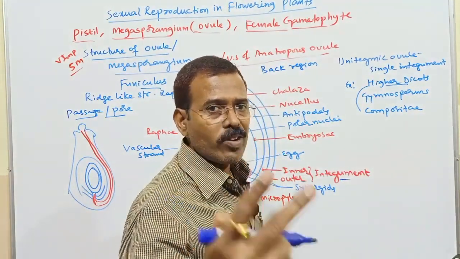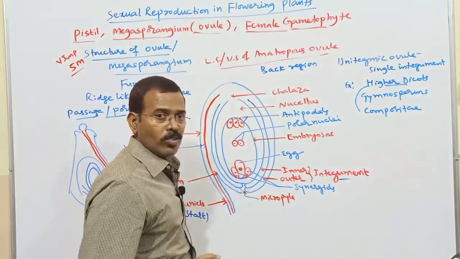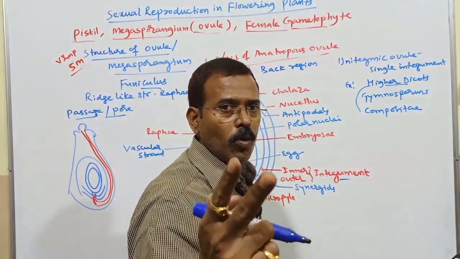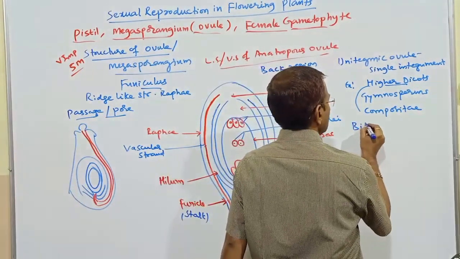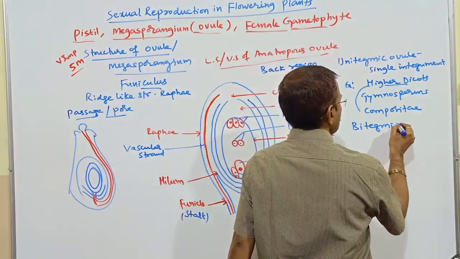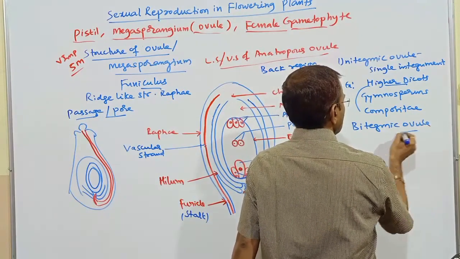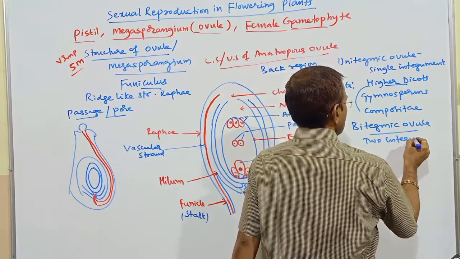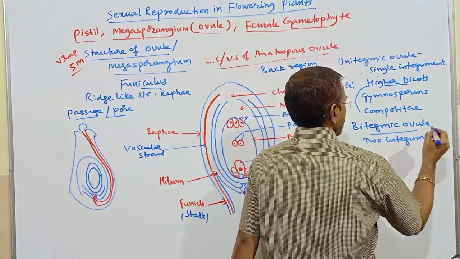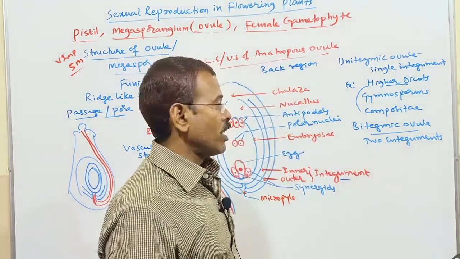If two integuments are there, we call it a bitegmic ovule.